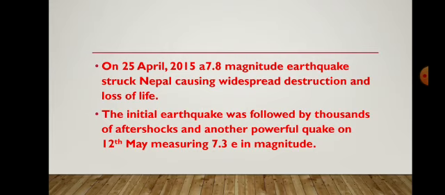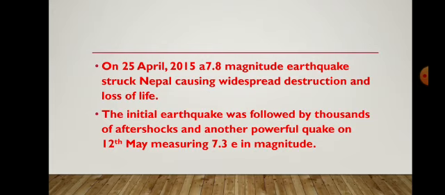So here, on 25th April 2015, a 7.8 magnitude earthquake struck Nepal, causing widespread destruction and loss of life. 7.8 means it is a very terrible earthquake, a big earthquake where everything will be destroyed.